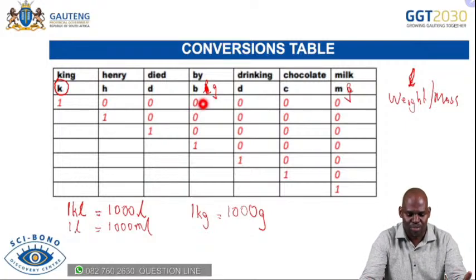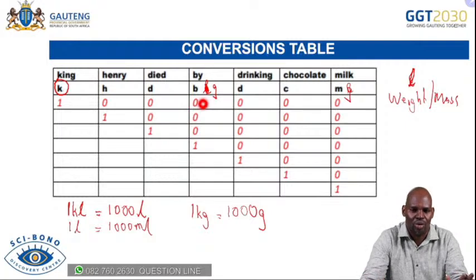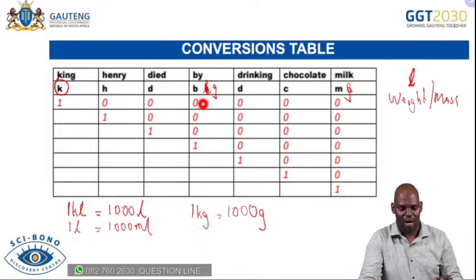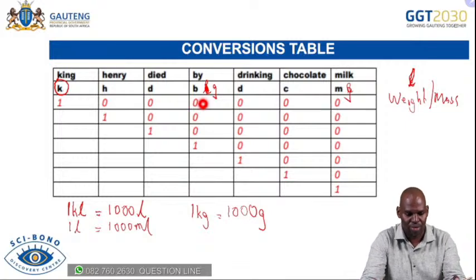It's easy sometimes to just know that from left to right you multiply, but if you are not sure, I know that most of you like cross multiplication, so please use your cross multiplication. I know that most of the learners prefer that method.